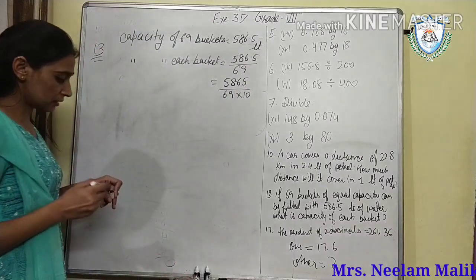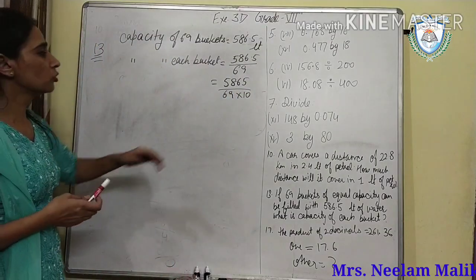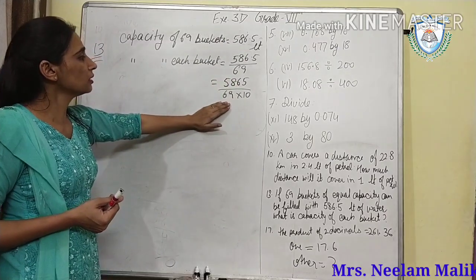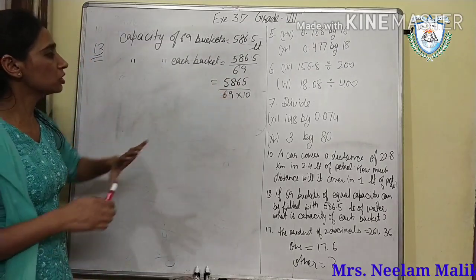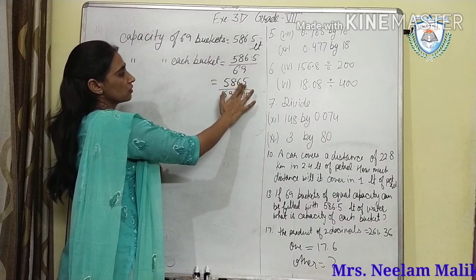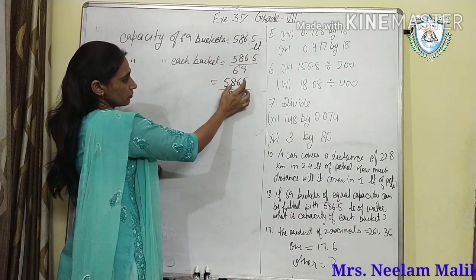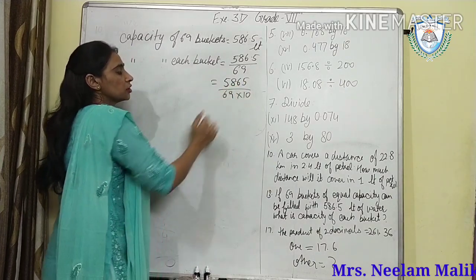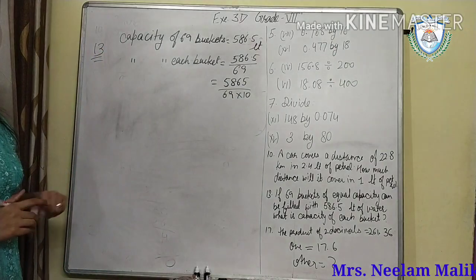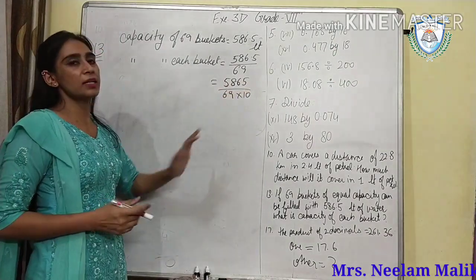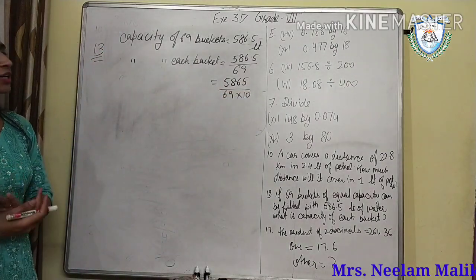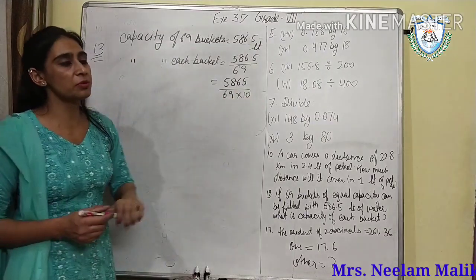Now you can cut these numbers. First check for 3. This is divisible by 3. Check this also, it will be 1424. Yes, this is divisible by 3. So you will cut by 3 first, then check and solve this. Your answer will be in liters.